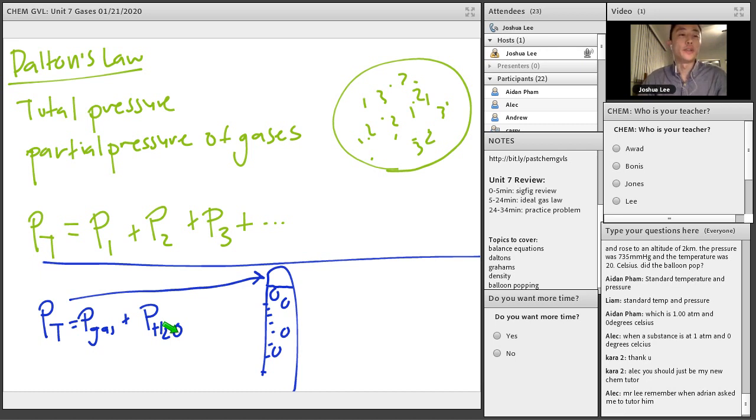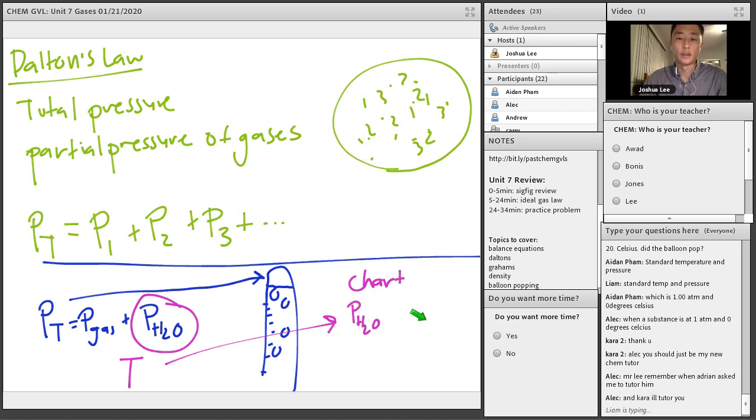Then this is when you have to use the water vapor pressure chart, where the pressure of water is based on the temperature. So if you use the chart, you could correlate the pressure of water with the temperature of the water.